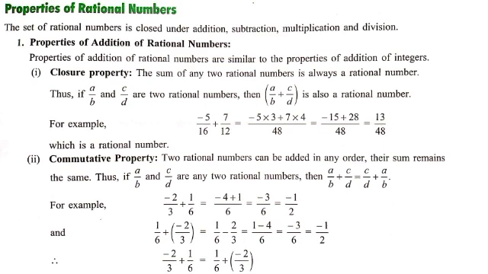And if I put it in reverse order, the commutative property should give the same answer, even if the order of addition is changed. So 1 by 6 plus minus 2 by 3, which is equal to 1 by 6 minus 2 by 3.